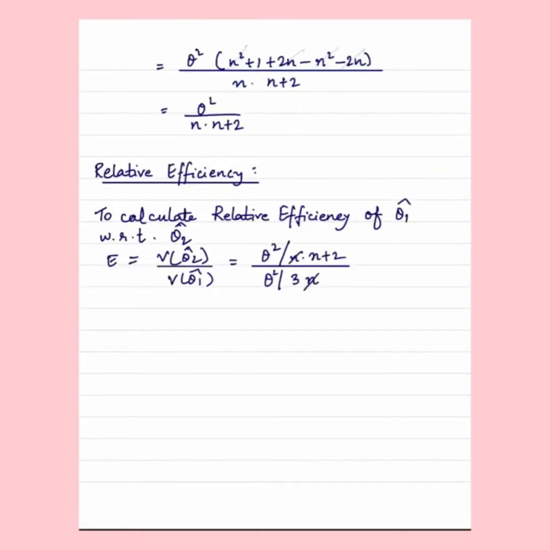Variance of theta 1 comes out to be theta square upon 3n and variance of theta 2 comes out to be theta square upon n into n minus 2.